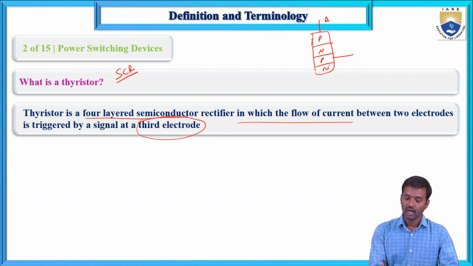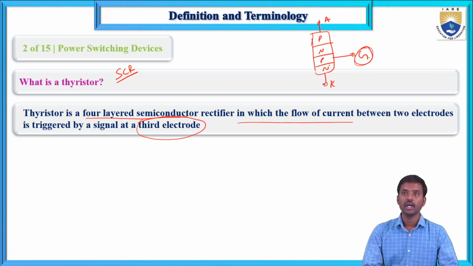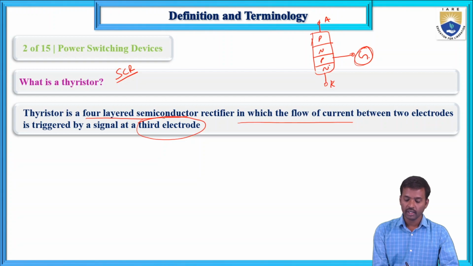This is the anode, this one is the cathode and this one is the gate. Normally current flows between these two electrodes, anode and cathode, and the third one is the gate terminal. So it consists of 3 terminals: anode, cathode and gate. It is a 4-layer device and 3-terminal device.